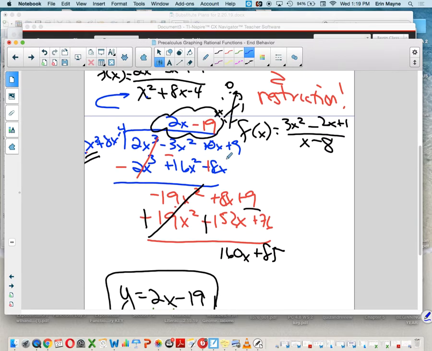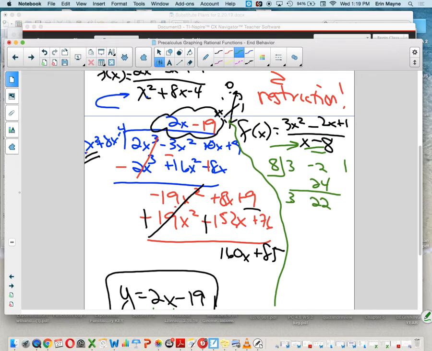And then quickly on the last one, let me put a divider here, I am dividing by a linear factor. I can put 8 here as whatever makes this 0. This will be 3, negative 2, 1. I would have to put a placeholder if it was missing a variable there with a coefficient of 0. Drop the 3. This is 24. This is 22.